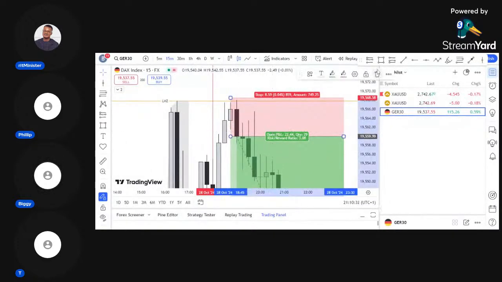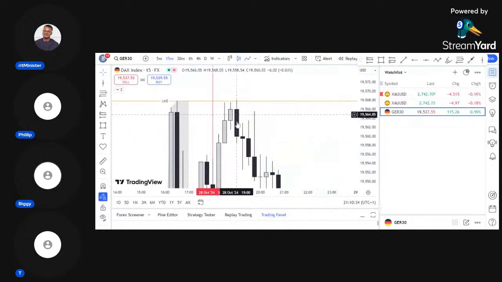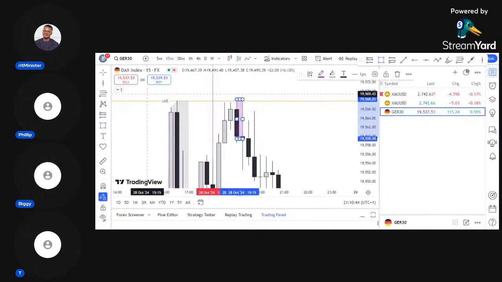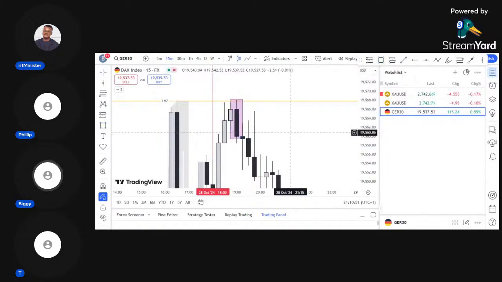Let me take out this. This was the candle, the SCOB candle. This one here was the SCOB candle. This candle here was the SCOB candle.